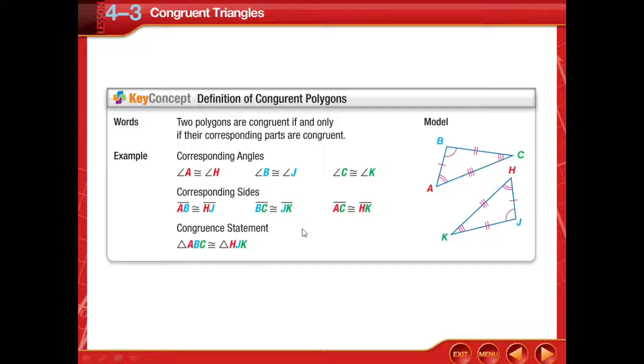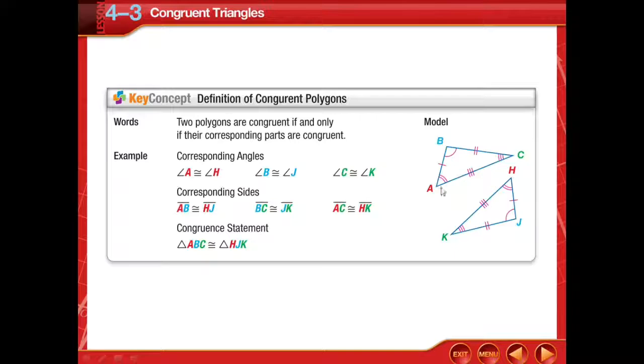So, definition of congruent polygons: 2 polygons are congruent if and only if their corresponding parts are congruent. So we just proved it on the picture, but I know if A is equal to H, so this is going backwards. So on the previous slide, I was given a congruency statement and asked to list what's congruent.